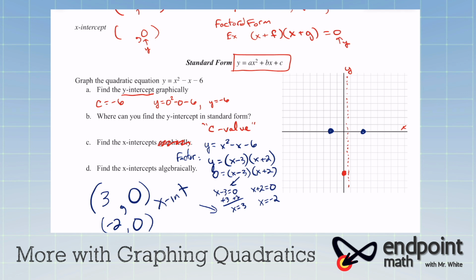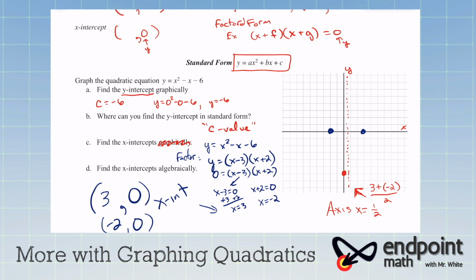How do you find that? You could average them. 3 plus negative 2 and divide by 2. That is 1/2. So the axis of symmetry is x equals 1/2.